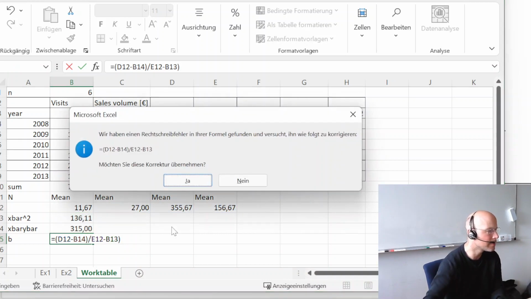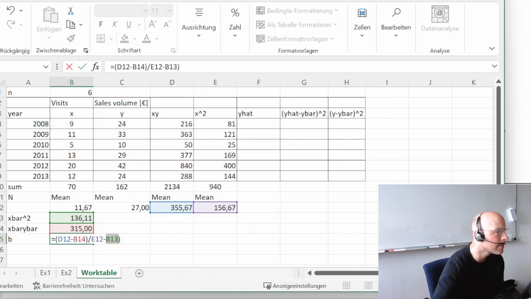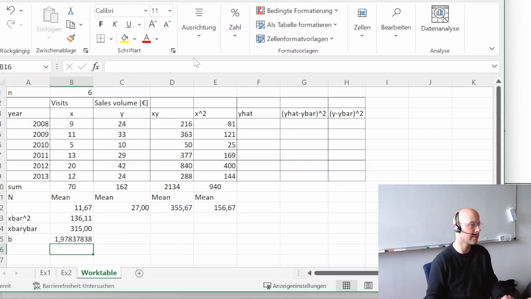Enter. Oops, there's one bracket missing, and the bracket missing is here. And whew, this is the number we have already seen. Our b is 1.97.